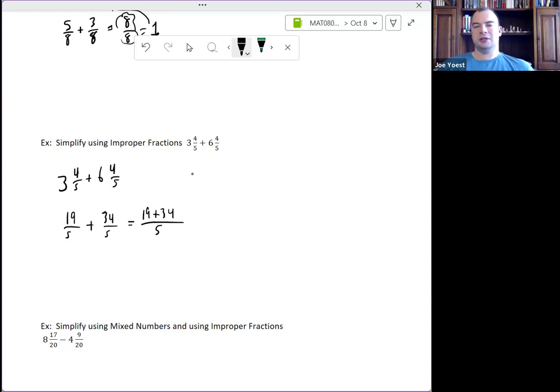Or that's 33 plus 20. If I take 1 off of the 34 and put on the 19, 33 plus 20 is 53 over 5. And I see that 5 goes into 53 10 times with a remainder of 3. So that's going to be 10 3/5, converting back to a mixed number.